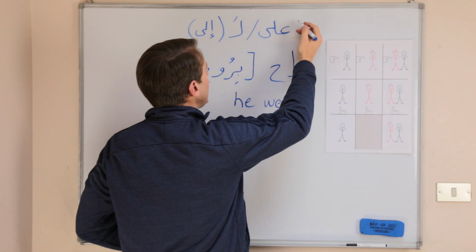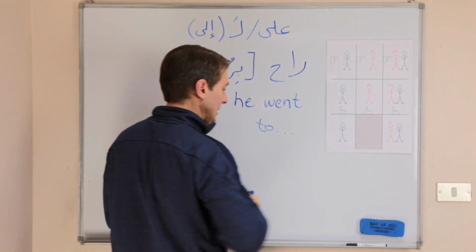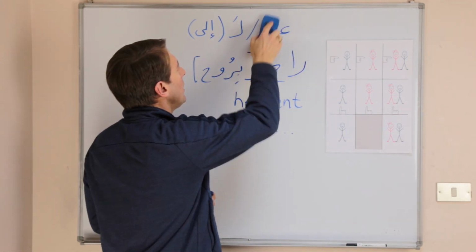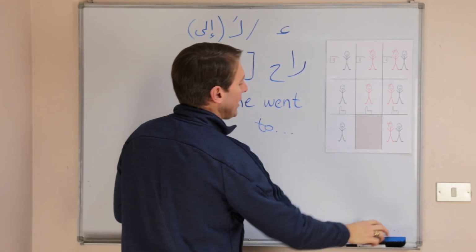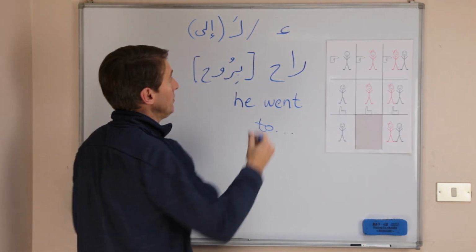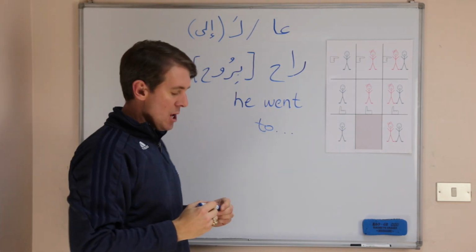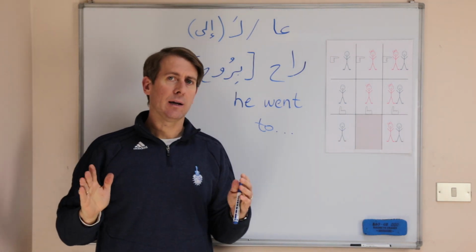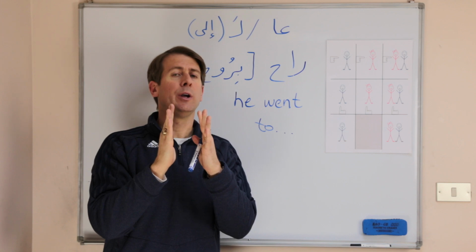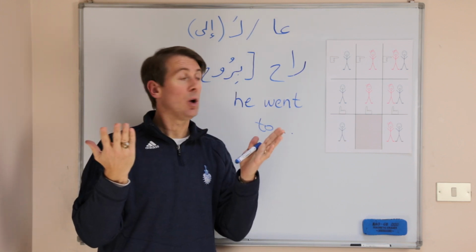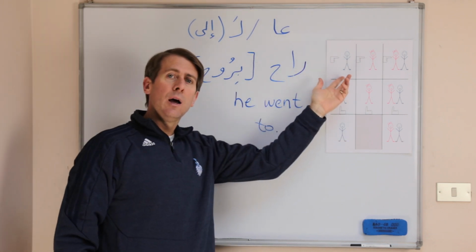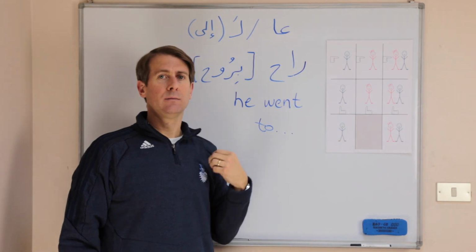In Ammiya, many times the abbreviated form is used mostly, more than ala. They take ala and make it shorter. So you could say raaH a supermarket.